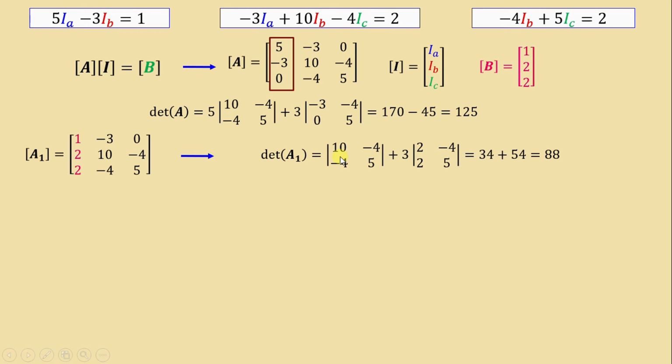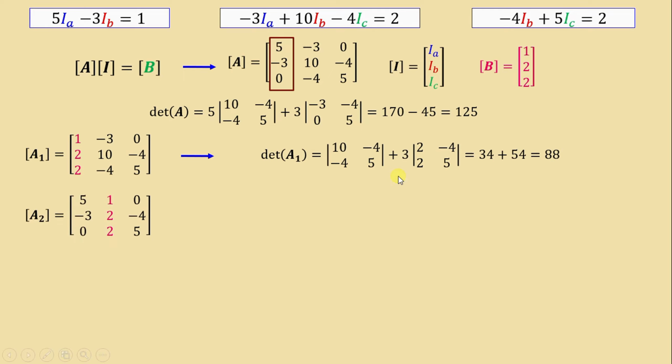So determinant of A1 is given by 10 multiplying by 5 minus negative 4 multiplying by negative 4, which is equal to 34, plus 2 multiplying by 5 minus 2 multiplying negative 4, all multiplying by 3, is equal to 45. We obtain finally determinant of A1 is 88.